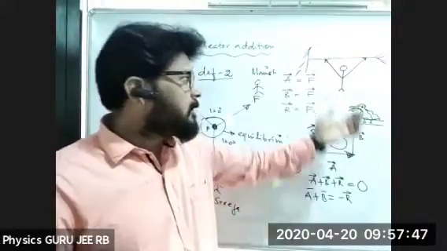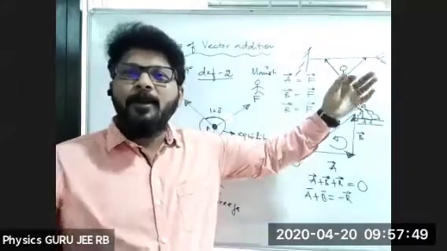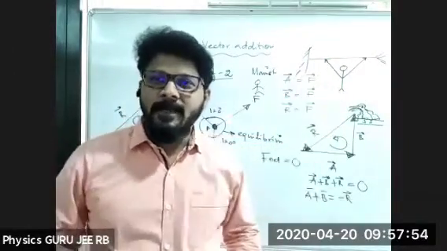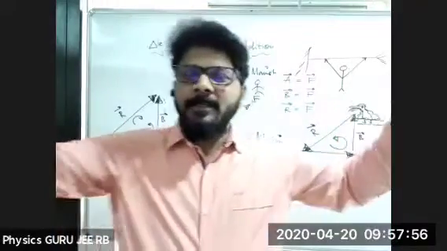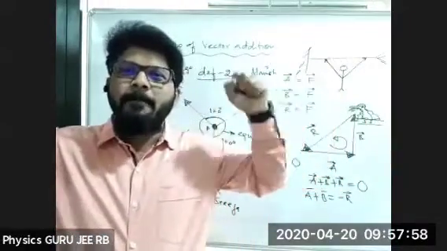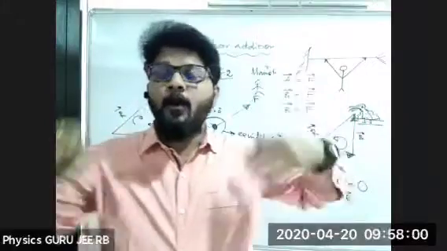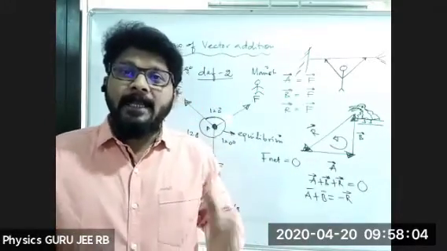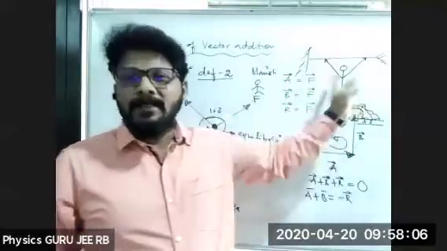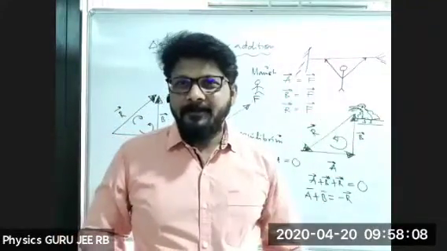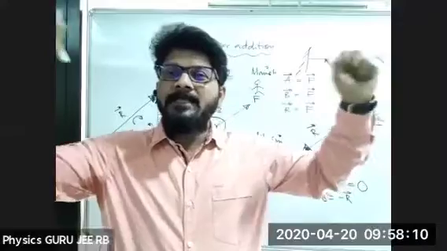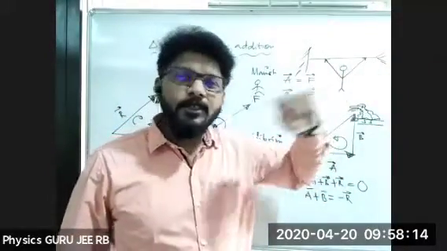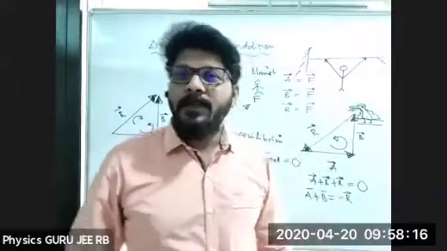Let us imagine he can hold for a longer time. The question in a previous entrance is, a person is holding a branch. He can hold for maximum time if the angle between these two hands is 120 degrees.